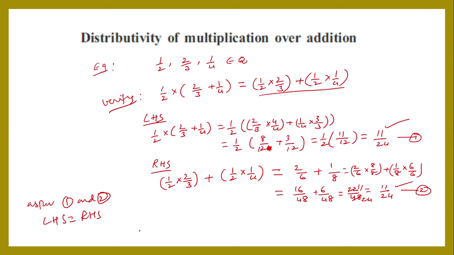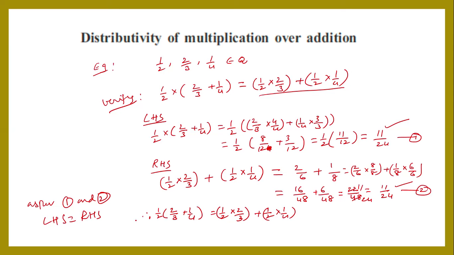That means 1 by 2 into (2 by 3 plus 1 by 4) is equal to 1 by 2 into 2 by 3 plus 1 by 2 into 1 by 4.